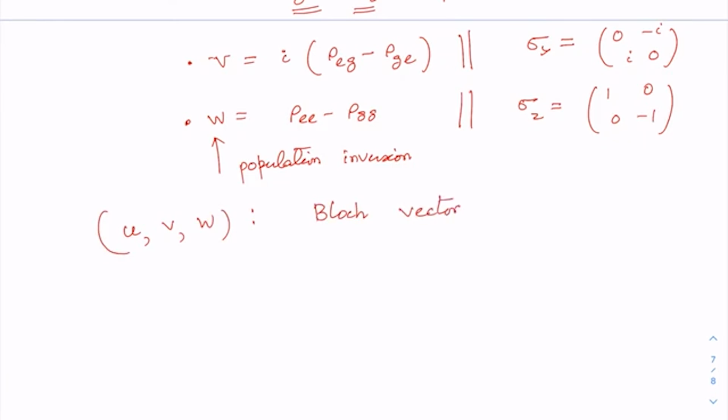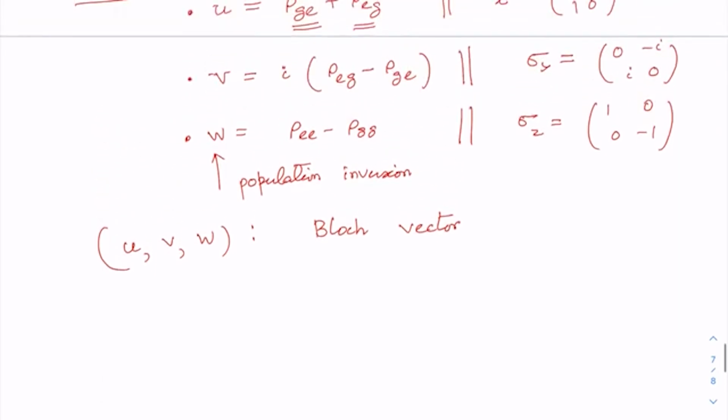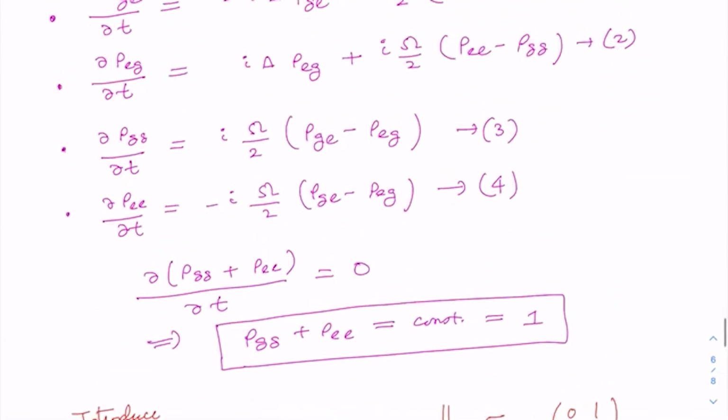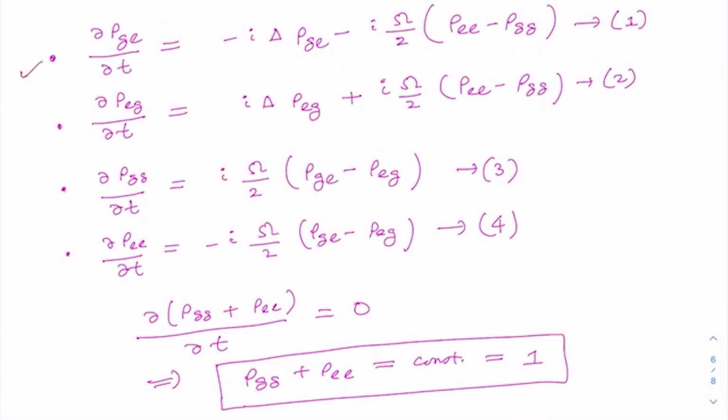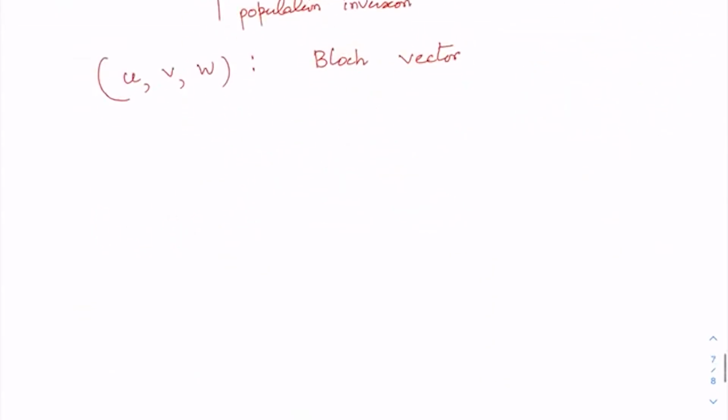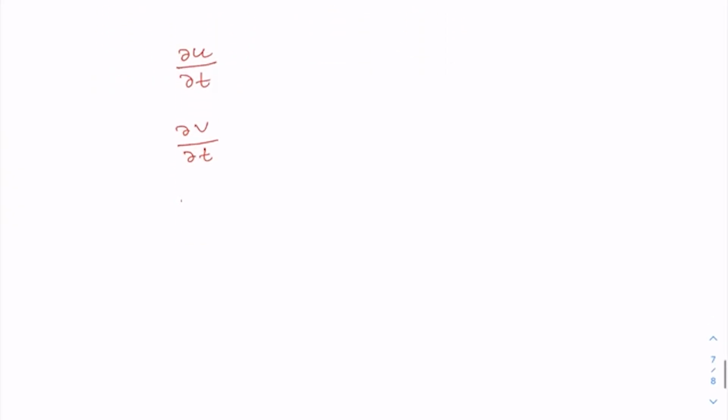The three components of the Bloch vector, and one can immediately, using this density matrix equation, write the equations for del u del t, del v del t, and del w del t. Okay, it's very simple. It's some straightforward algebra.